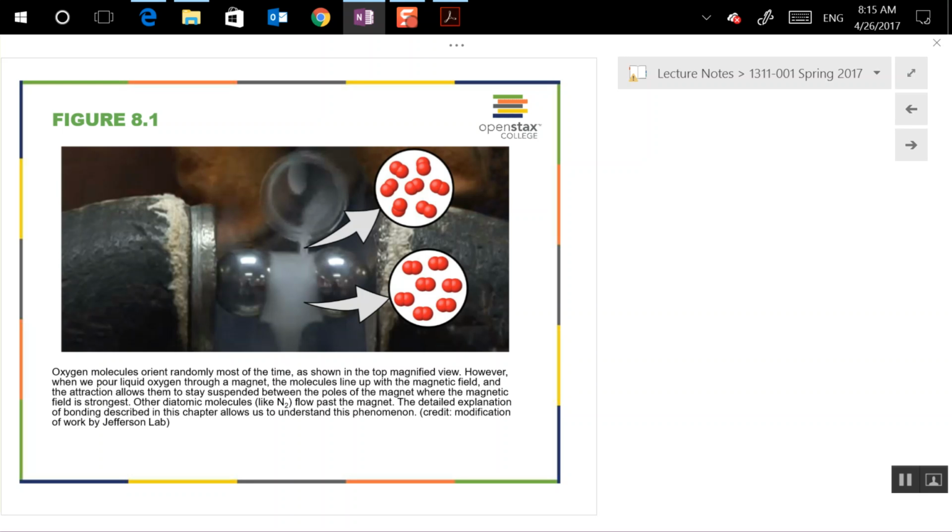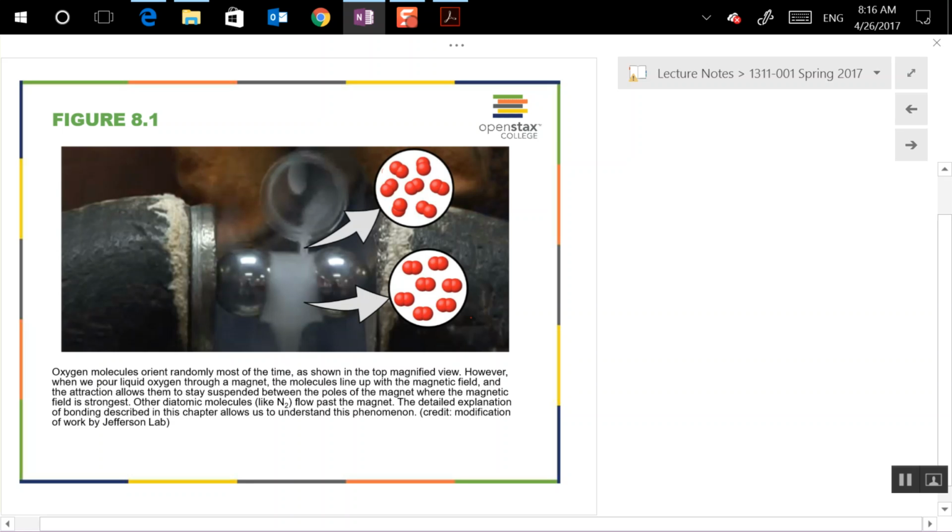So here they're just showing that we have these oxygen molecules, and if you put them between these magnets, okay, this is a kind of oxygen gas that gets trapped here, and you can see they're all kind of doing their own thing here, but here they actually line up according to that magnetic field.